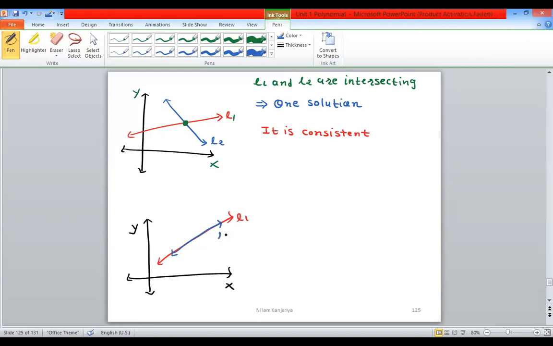This is L2. When L1 is overlapping L2, you can say it has infinitely many.